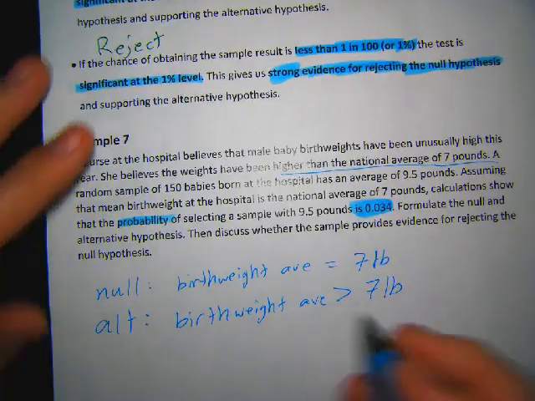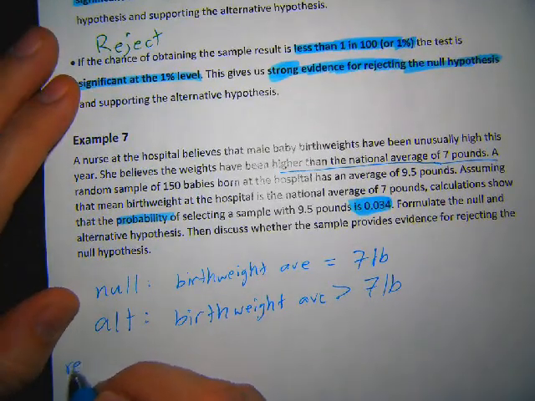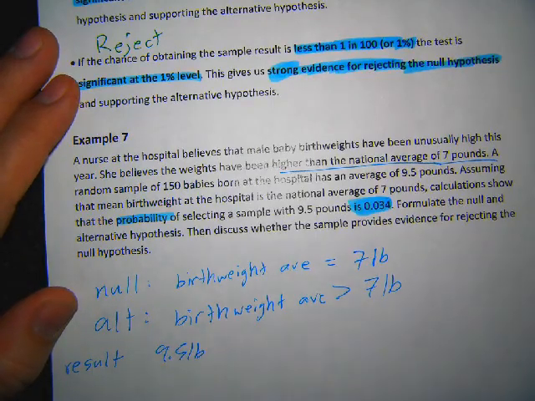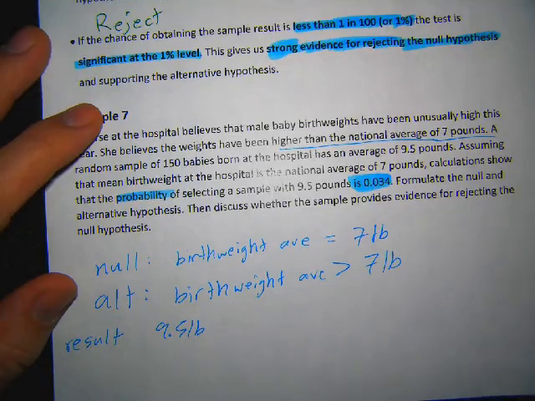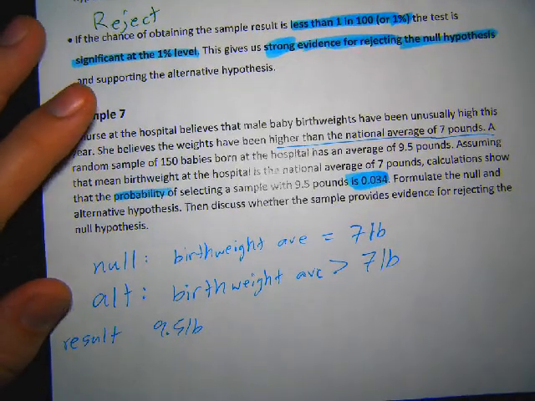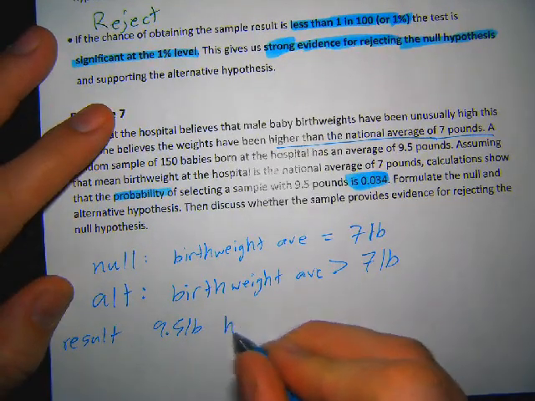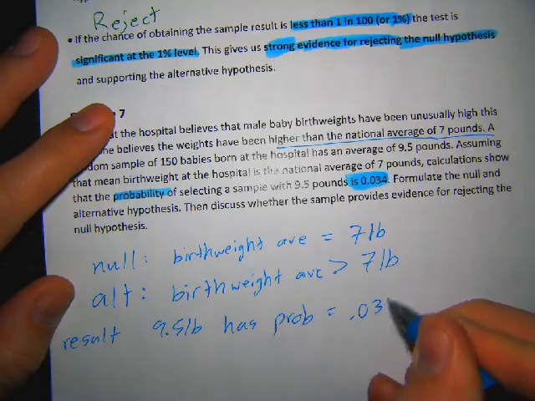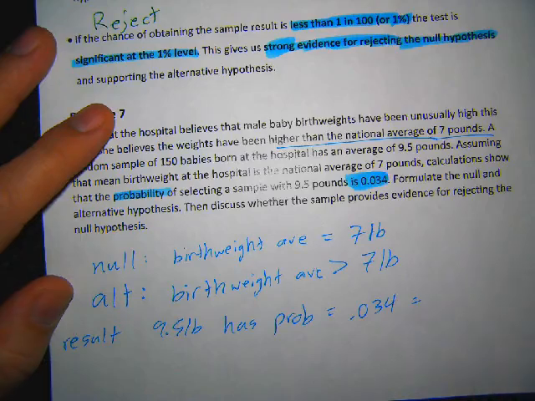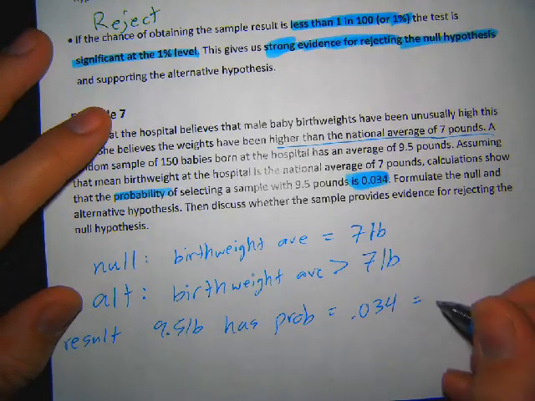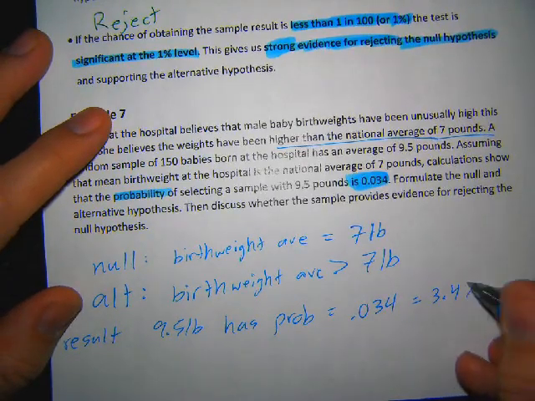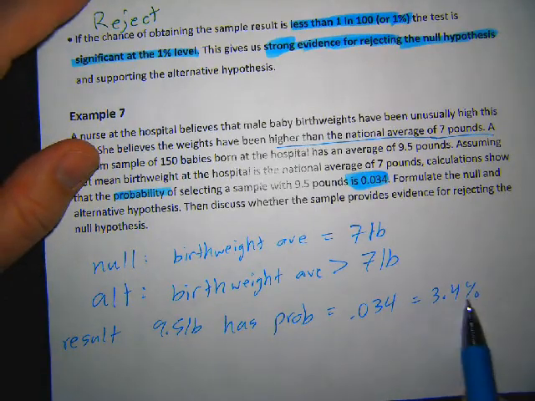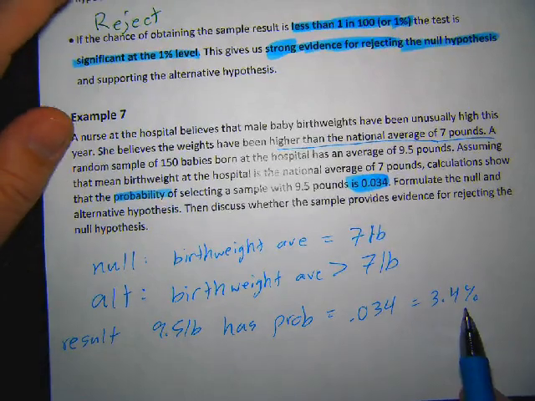Now, the result of 9.5 pounds is higher, but if it's not high enough, it wouldn't be significant enough to reject the null. So what we have to look at is that it has a probability of 0.034, or 3.4%. So that percentage is not less than 1%.